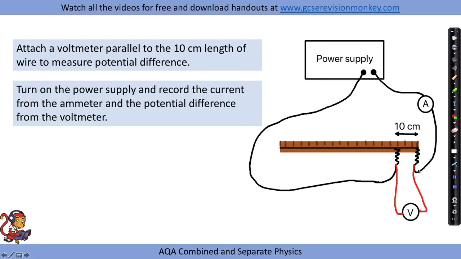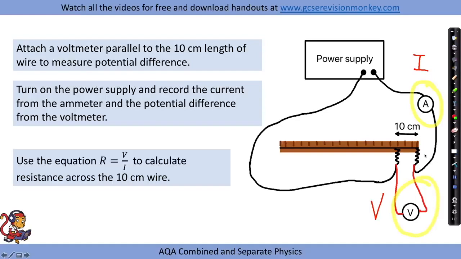We turn on the power supply and record the current from the ammeter, which will give us I. We will record the potential difference from the voltmeter here, and this will give us our V. And finally, we use the equation R equals V divided by I to calculate the resistance across the 10 centimetres piece of wire.